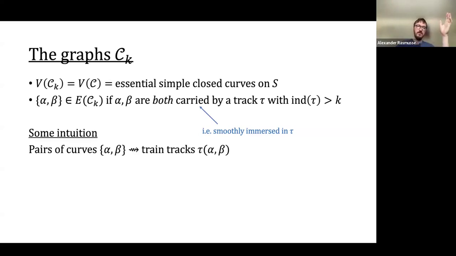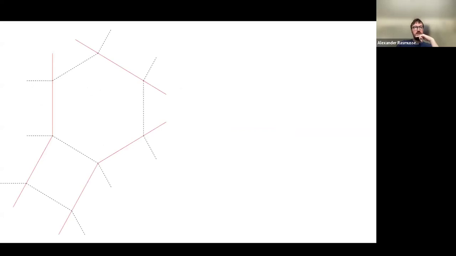To say something about this intuition, there's some way to construct train tracks out of pairs of curves by smoothing intersections. Here's a picture. We have two curves: one is the dashed curve, and the other is the solid curve.